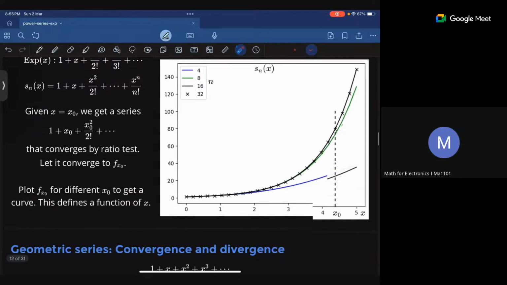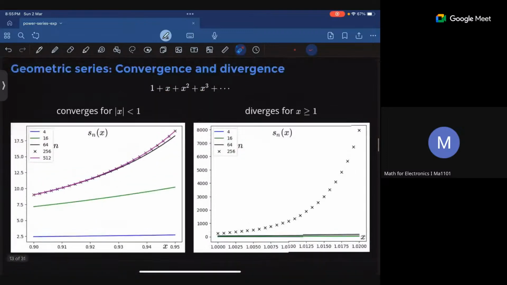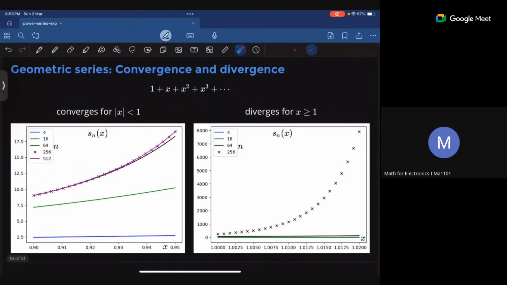That we'll see. Here, if you see the geometric series, which is 1 plus x square plus x cube and so on. We have this expression, right? If your x is less than 1, then your geometric series will converge.